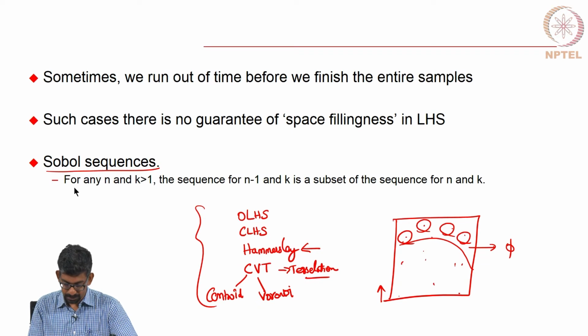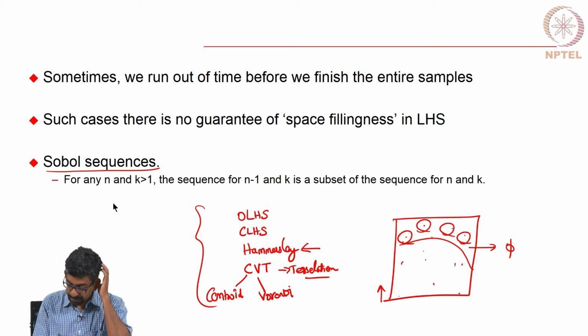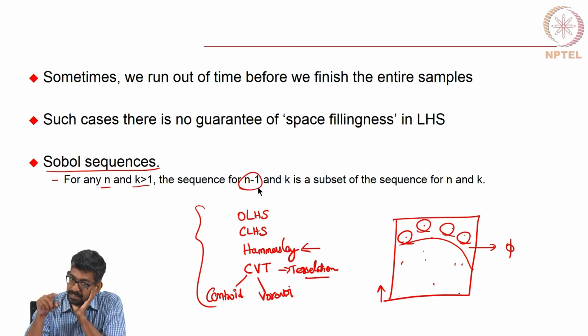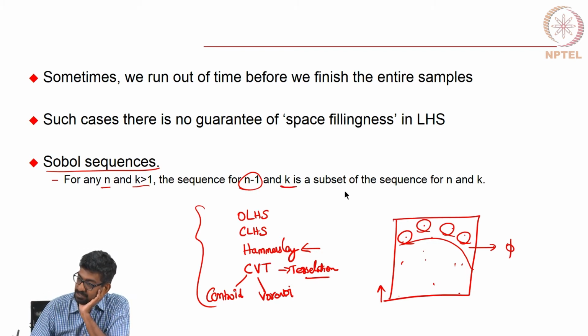Okay. So, the interesting point of Sobol sequence is that for any n and k being greater than 1, n is the dimension and k is the number of grids that we are talking about, the sequence for n minus 1, so you can take any n minus 1th dimension, and k is a subset of the sequence for n and k. Understood what I am saying? You can reduce and it will still be a subset of it.